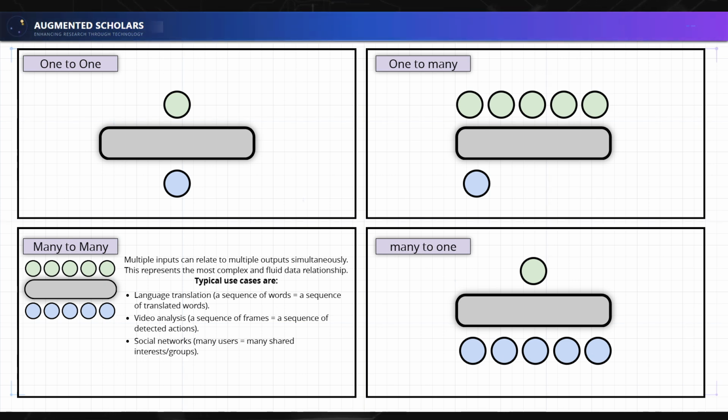So for example, if I want to translate a language from German to French, or French to Arabic, or vice versa, the idea is that the input is a full sequence of different elements, and the output will be a sequence of the same length but in another language.